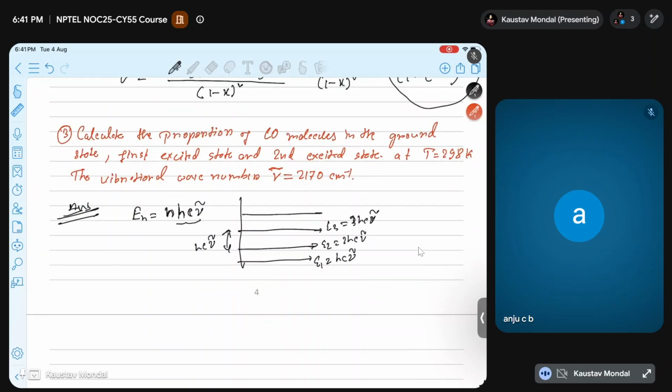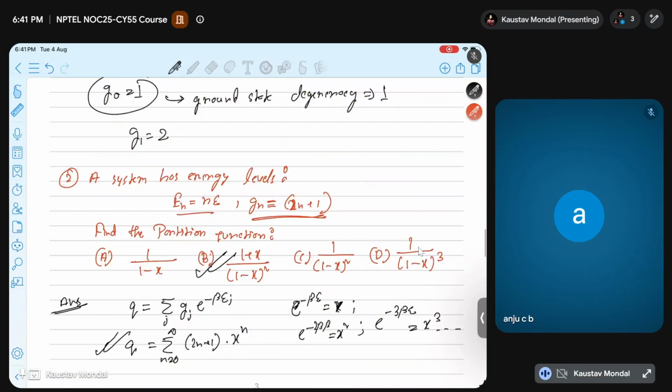So the main thing that we need to calculate is the proportion of CO molecules in the three states: ground state, first and second excited state. To calculate that, the first thing we need is the partition function.